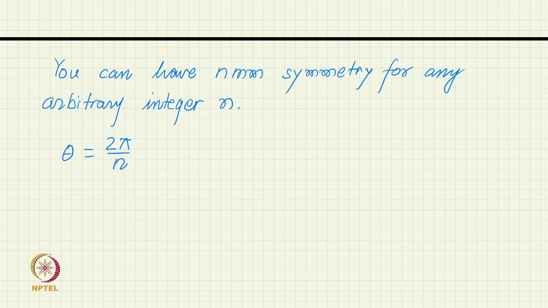Theta is 2 pi by n for rotation. So, for a consistent symmetry operation, you want to come back to your original position after n operations.